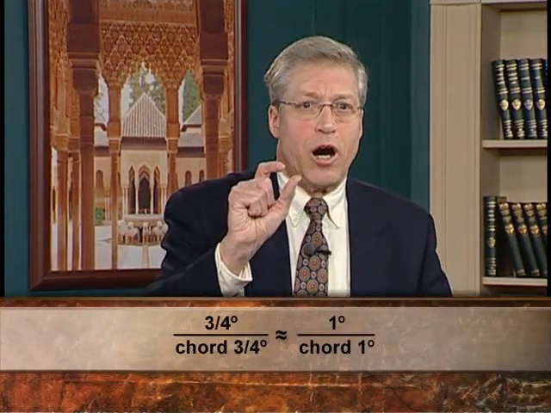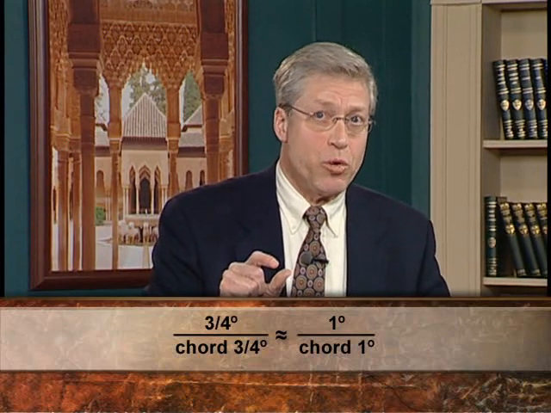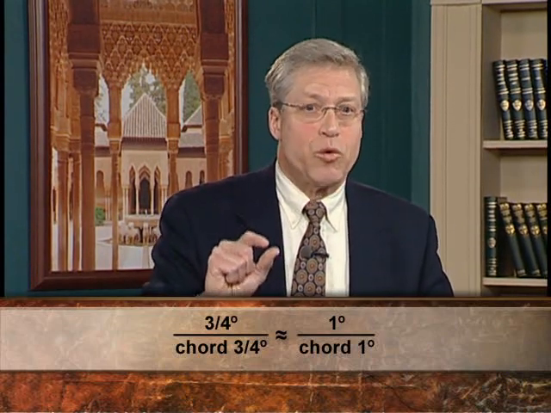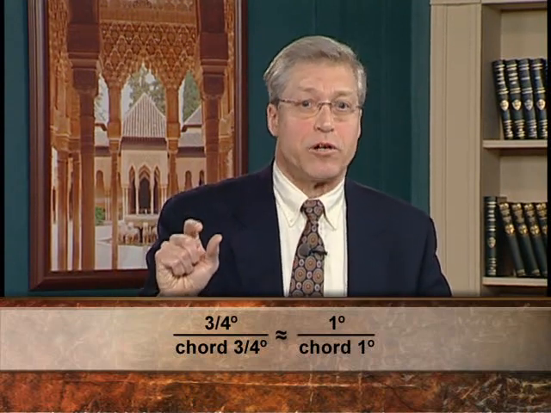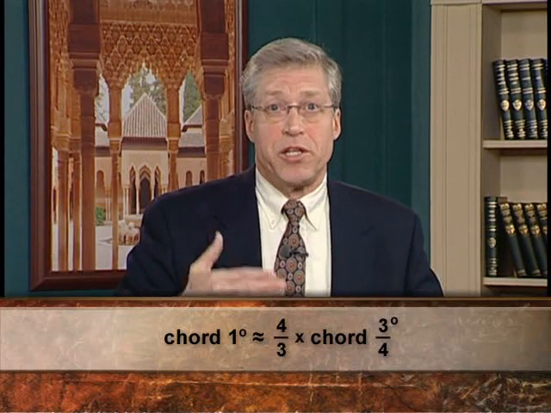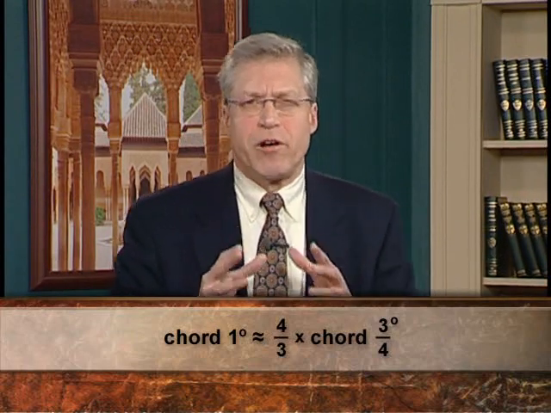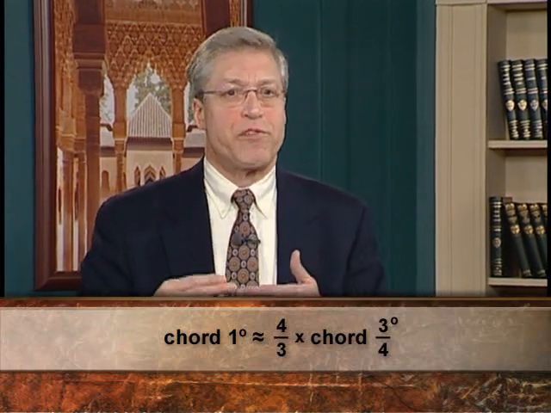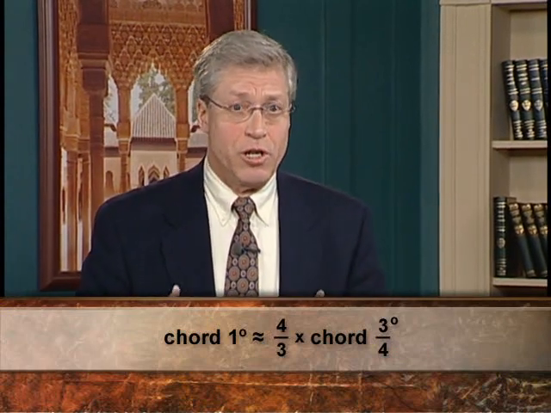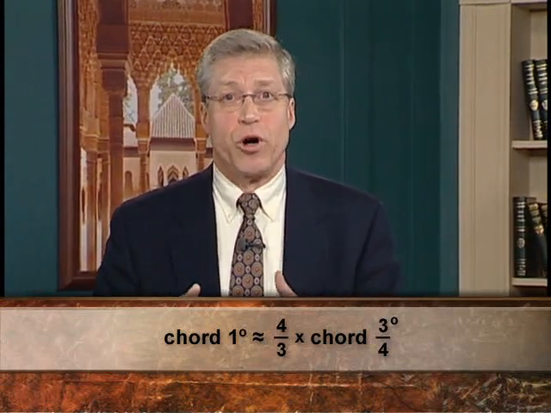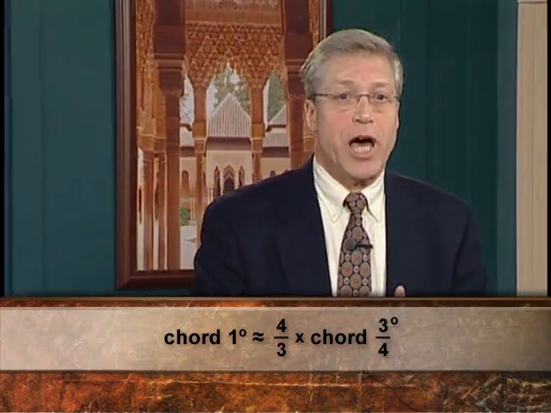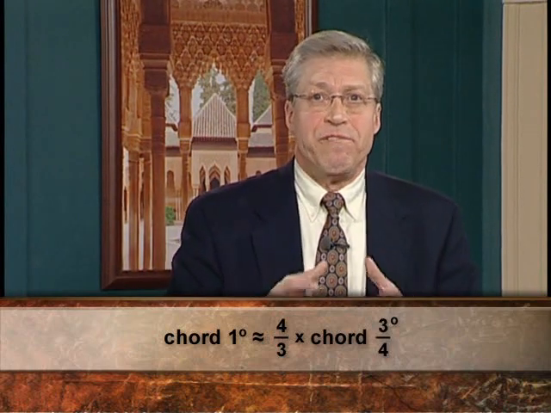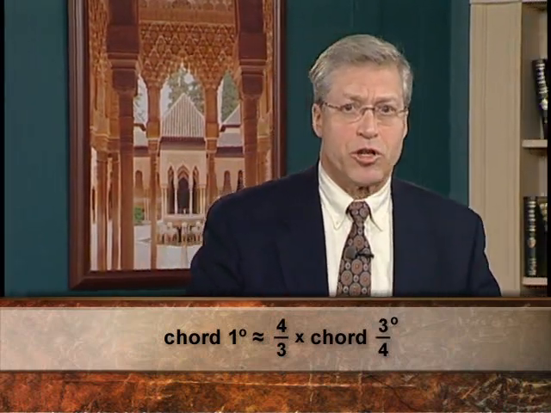And that means that the 3/4 degree arc divided by the chord of 3/4 should about equal the arc of 1 degree divided by the chord of 1 degree. And that tells me that the chord of 1 degree is very close to the reciprocal of 3/4, which is 4/3, times the chord of 3/4. He knew the exact value of the chord of 3/4. He could then use that in order to find a very, very close approximation to the chord of 1 degree.